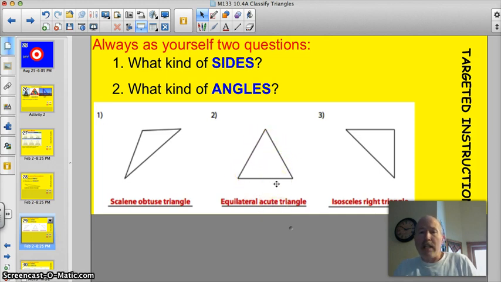And we'll be practicing that tomorrow night. Triangles always have 180 degrees when you add up the angles. This one here is an isosceles triangle because it has two sides that are the same, here and here, and it is also a right triangle because it has one right angle. So what are the sides? Isosceles. What are the angles? Right. Next three.